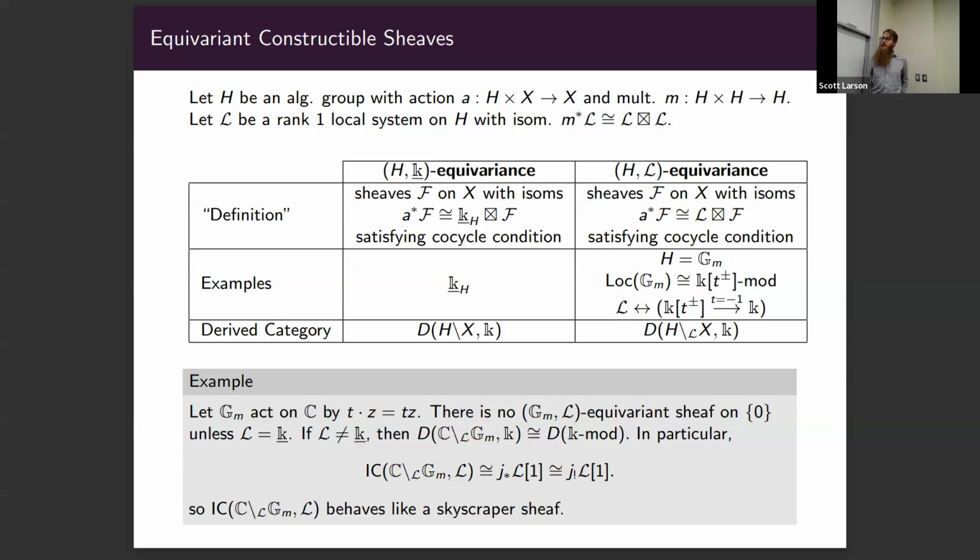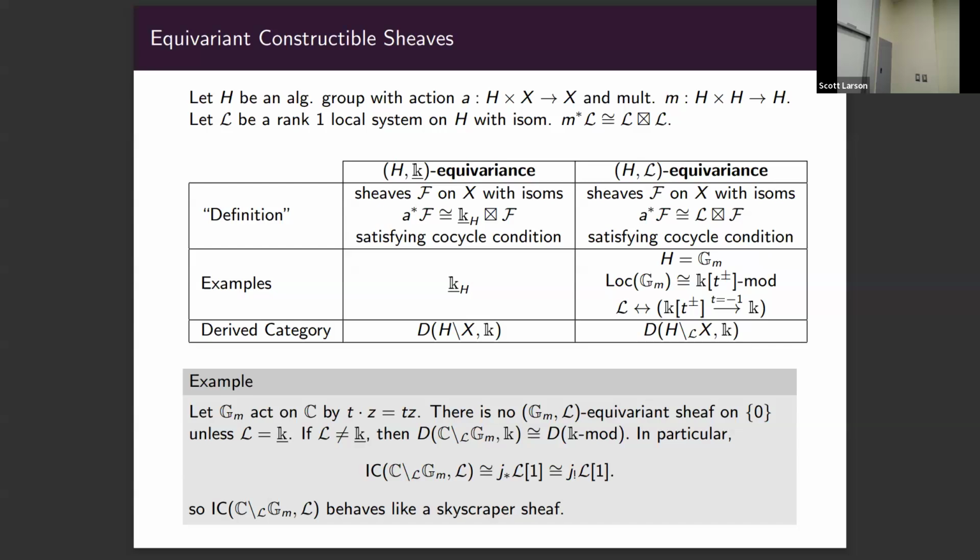And so the key takeaway from this is that equivariant sheaves on the affine line, in this case, behave very similarly to if you remove the point entirely. So in particular, the category of equivariant sheaves here is just the category of vector spaces. One consequence of this is that the IC extension of the local system that we started with here is not really anything fancy.